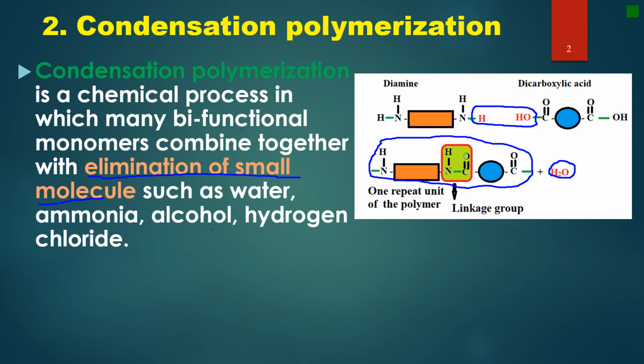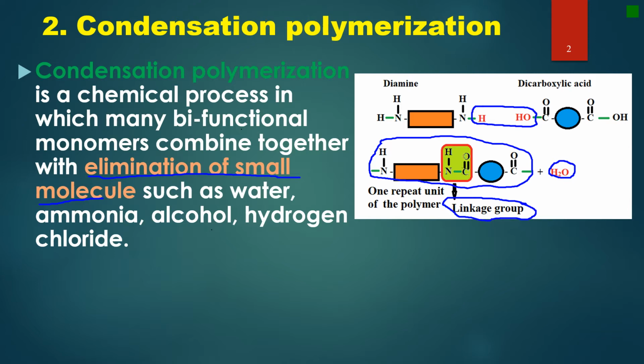What is very important to be noted here is that for condensation polymer, we have a linkage group. A linkage group is a functional group that joins the monomer molecules together. Another thing that is very important is that the polymer is not the only product that is formed, like we have seen for addition polymerization.